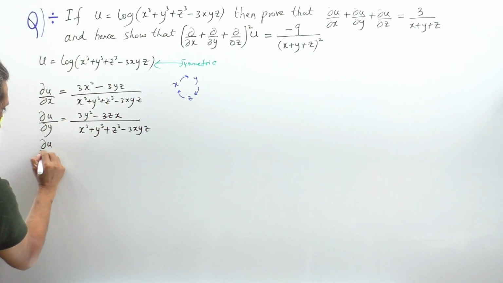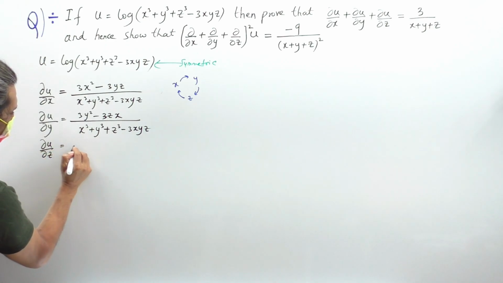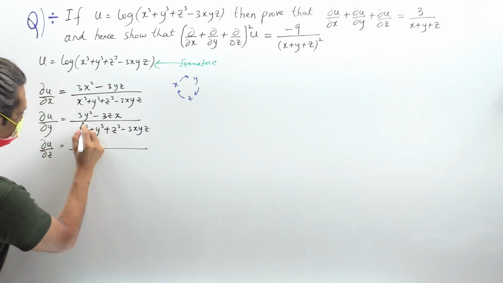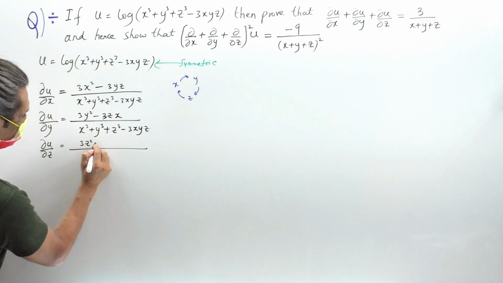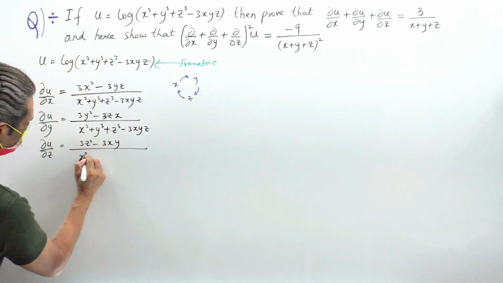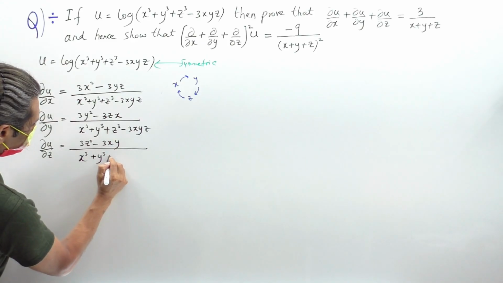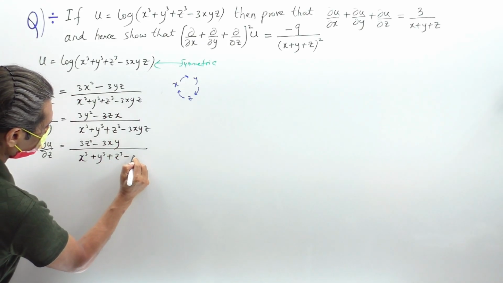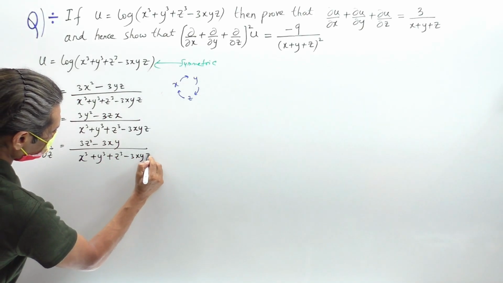Similarly, dou u by dou z will be y becomes z, 3z square minus zx becomes xy, upon x cube plus y cube plus z cube minus 3xyz.